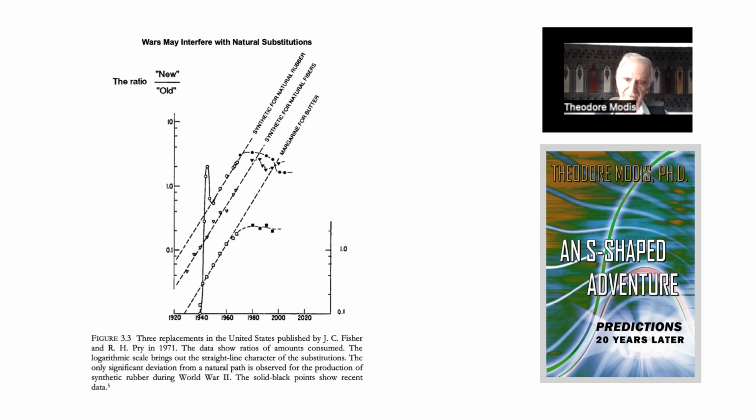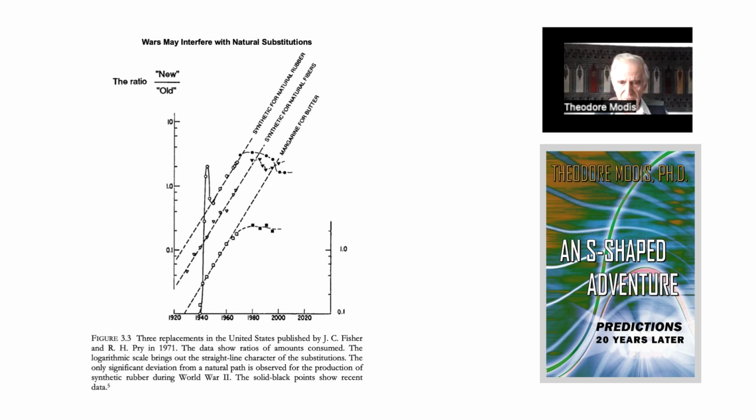Synthetic for natural fibers follows another straight line. And synthetic for natural rubber makes a little twist there, because during the war, synthetic rubber became extremely desirable because offshore plantations were cut off, and the war demanded a lot of rubber.